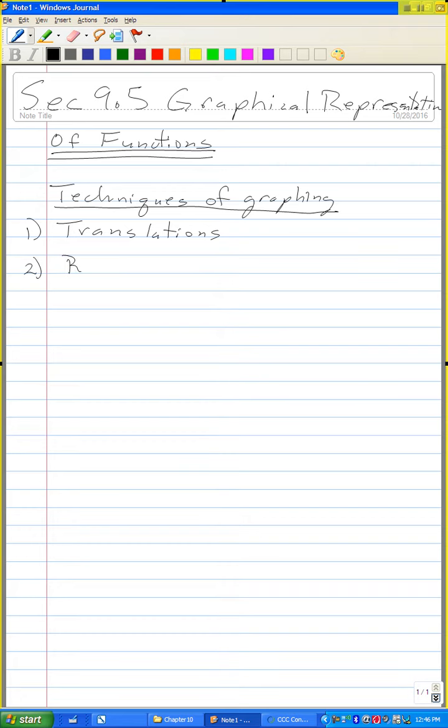Reflections, where we will take the graph and we'll reflect it about a line or maybe a point, and the shape will stay the same, but it now is somehow reflected. Scaling.